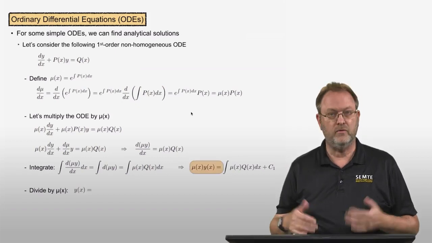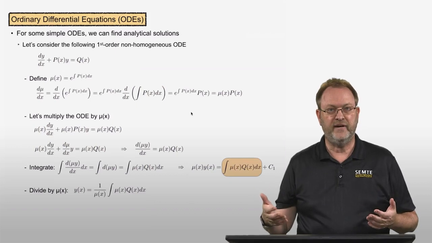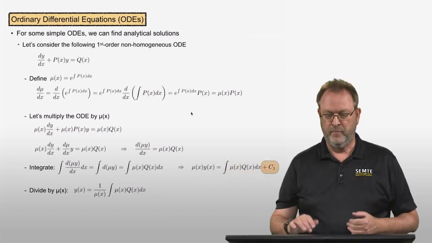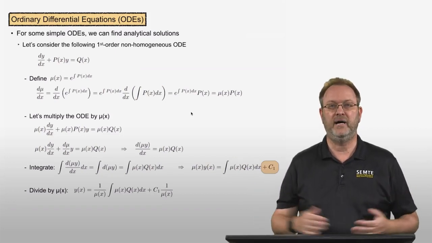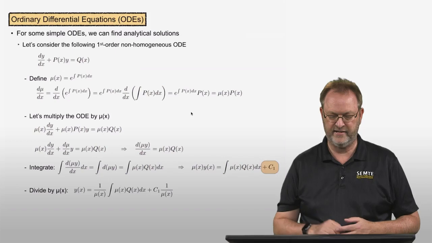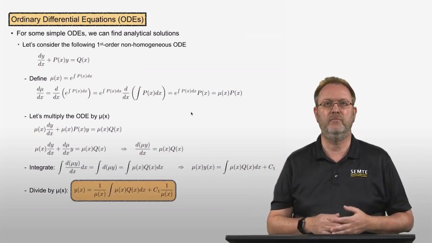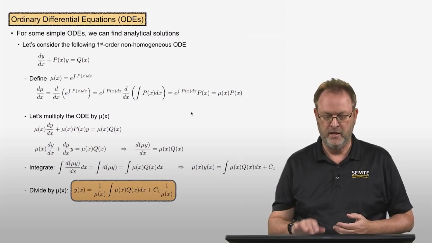So that means that y of x is equal to 1 divided by mu of x times the integral of mu of x times q of x dx, plus c1, this integration constant, divided by the function mu of x. And that is the solution to this particular form of a first-order non-homogeneous ODE.